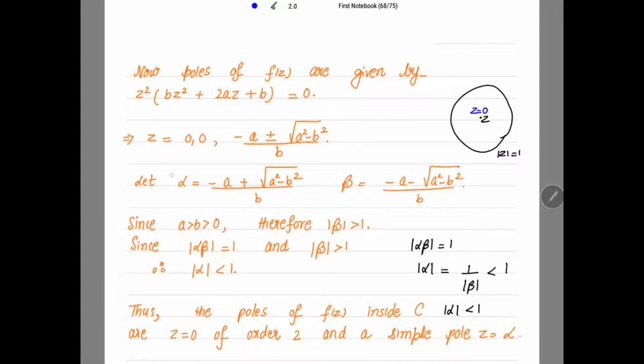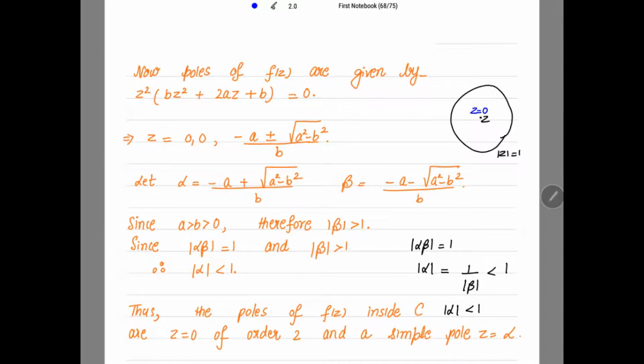And let's check what is mod of alpha. Is it less than 1 or greater than 1? See, since a is greater than b and b is greater than 0, if you check mod of beta, then this sign will change into positive. Yes, mod of beta will be positive. And because this a is greater than b, then of course this mod of beta is strictly greater than 1, right?